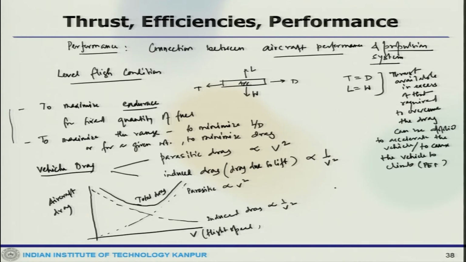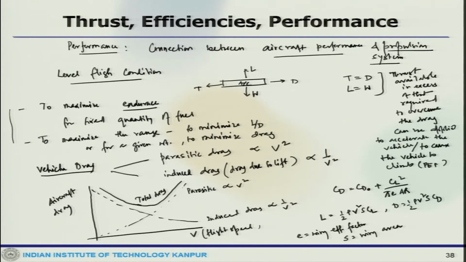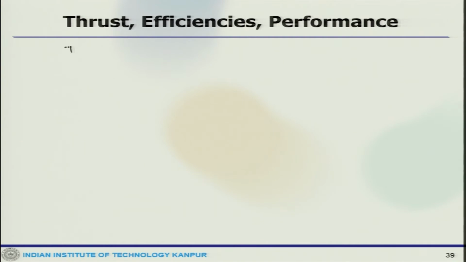Now, what we have is C d equals C d naught plus C L square by pi e A r, where L is half rho V square S C L, D is half rho V square S C d, e is the wing efficiency factor, S is the area, rho is density, and C L and C d are the lift and drag coefficients. So, we can write that drag is half rho V square S C d naught plus L square by half rho V square S times 1 by pi e A r.